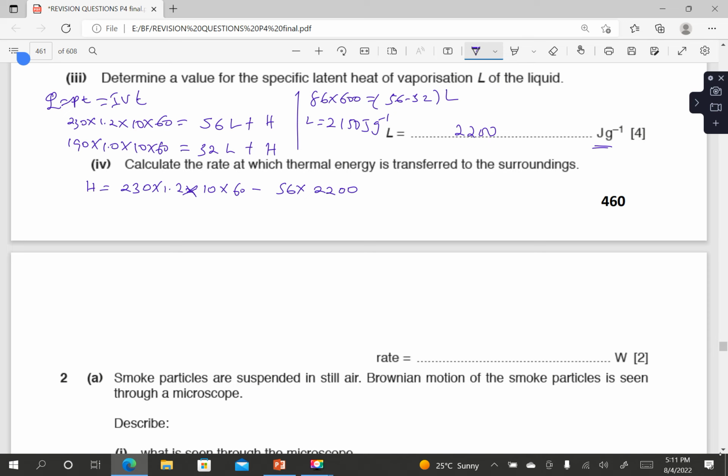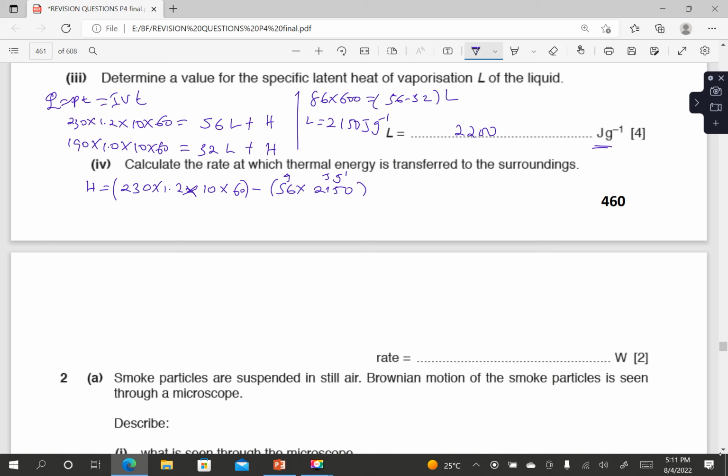Or you can use the original value, 2150. Let me use the original value to get a more precise answer. I'm just subtracting that. Note that I didn't change the units because if this is grams and this is joules per gram, the per gram has cancelled.